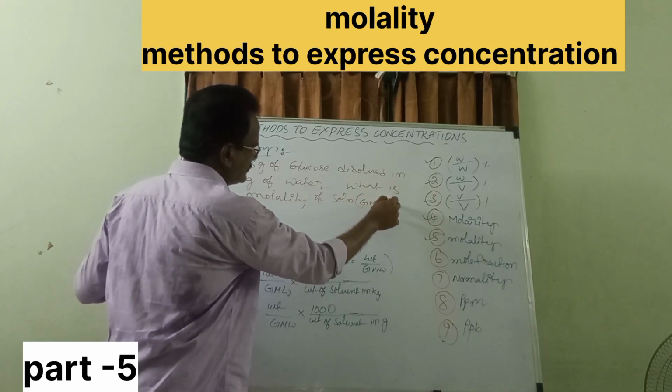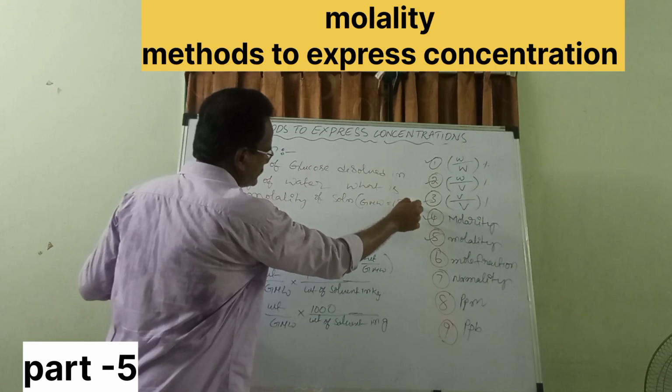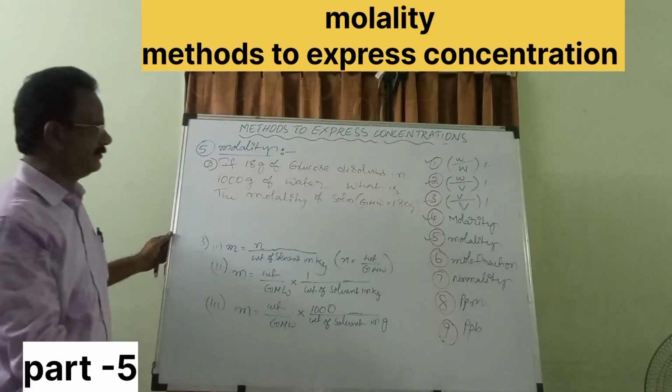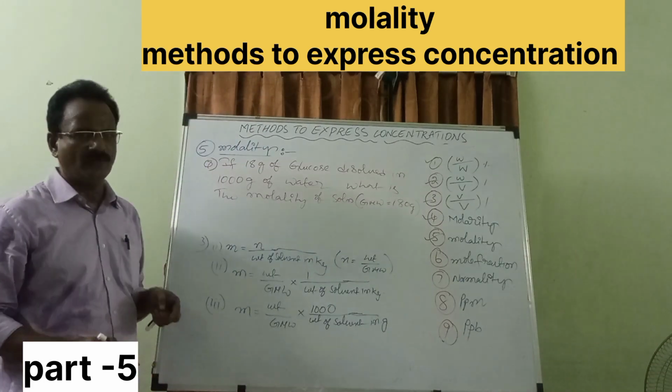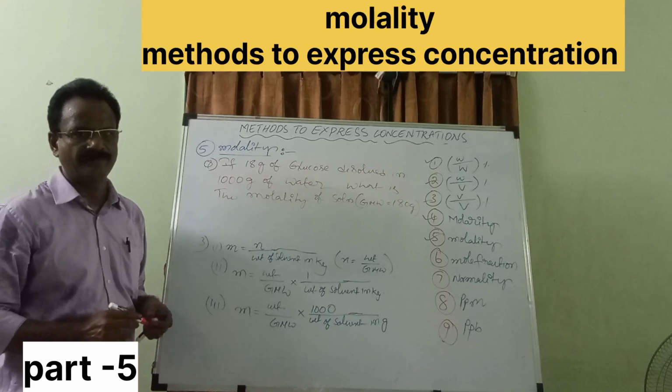GMW of glucose is equal to 180 grams. Okay.